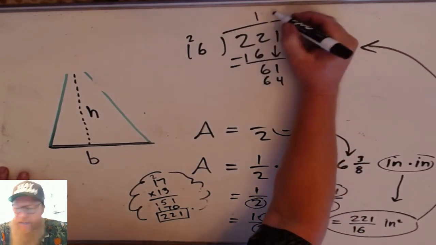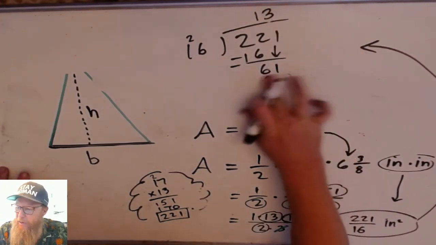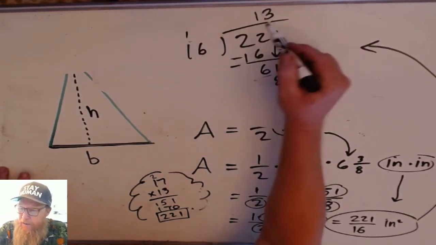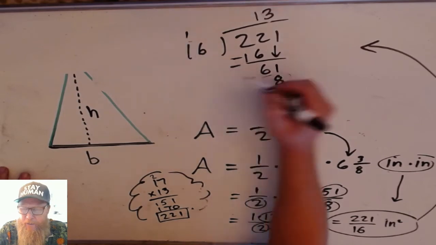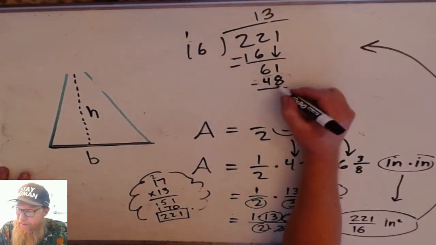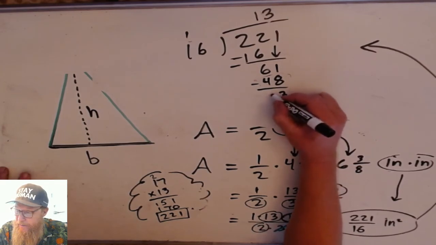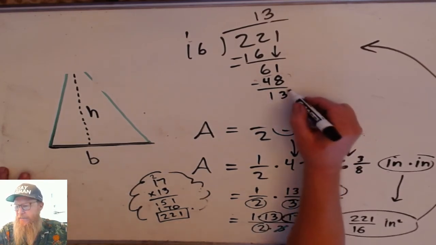I should have gone with my gut. My gut said 3. 3 times 6 is 18. Carry the 1. 3 times 1 is 3 plus 1 is 4. And so the remainder is 13.